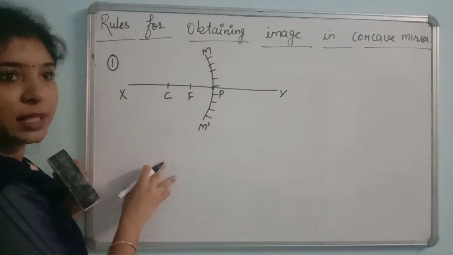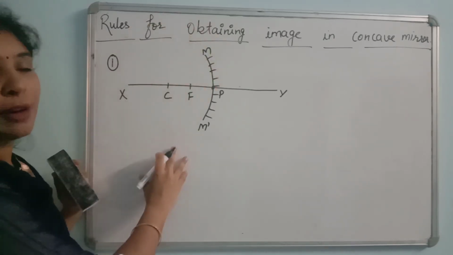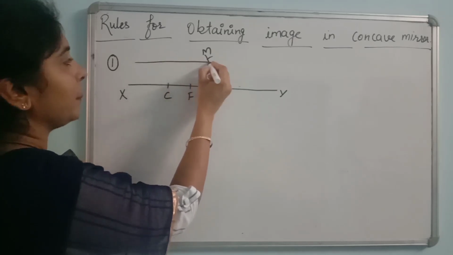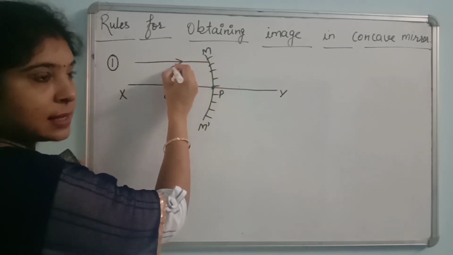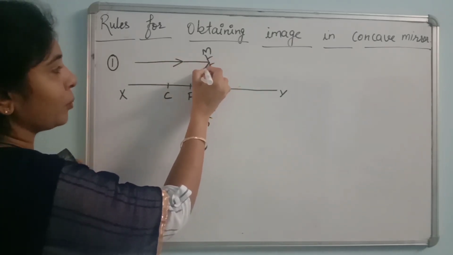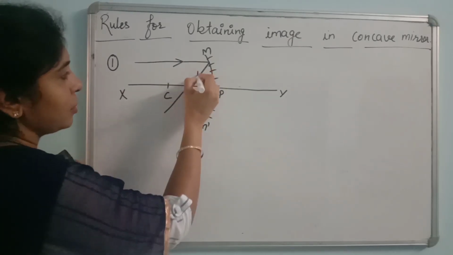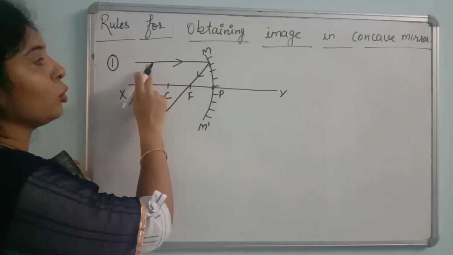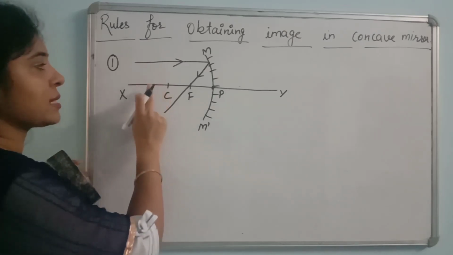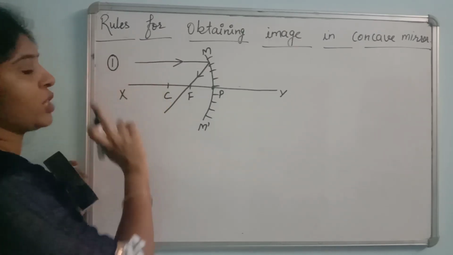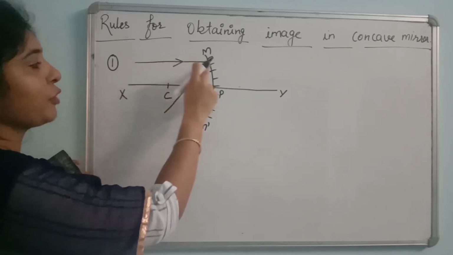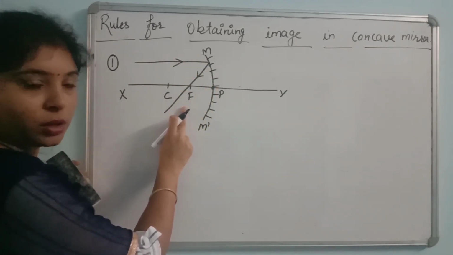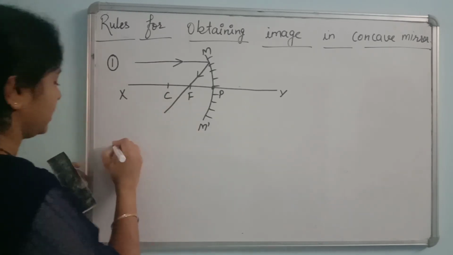Now first rule is, as we studied in the definition of principal focus, if any light ray comes parallel to the principal axis, then after reflecting from the mirror it will always pass from the principal focus. This is the first rule.